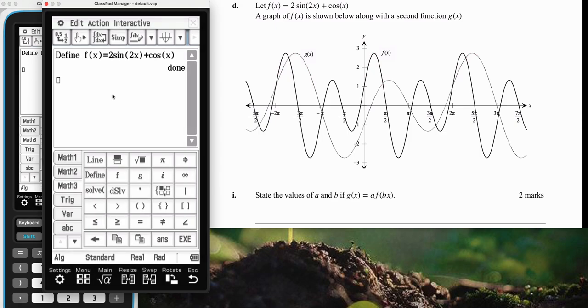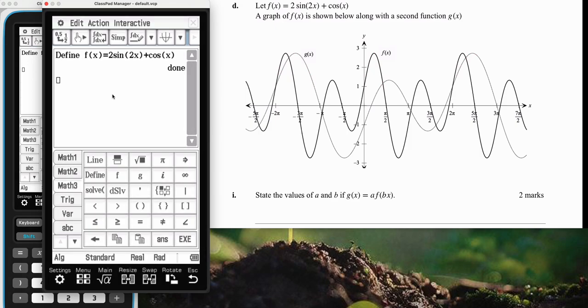So I'm thinking there might be a reflection around the y-axis, which would mean that B would be negative. Sorry, I'll say that again. Yeah, B would be negative. I'm also seeing maybe a reflection around the x-axis, which would mean that A is negative.